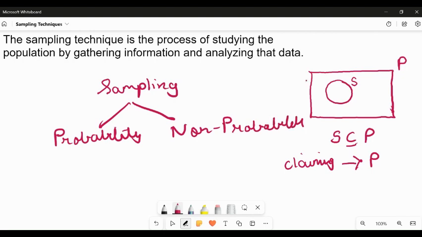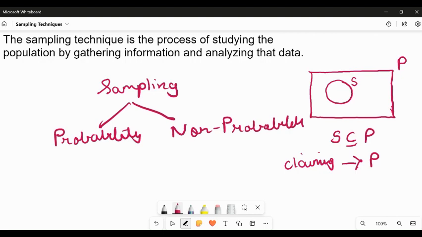But before that, we need to understand what sample data is that we are collecting from the population. For example, if I need to get the height of all the students from a classroom, or from a school, I can't get this data from each and every person.